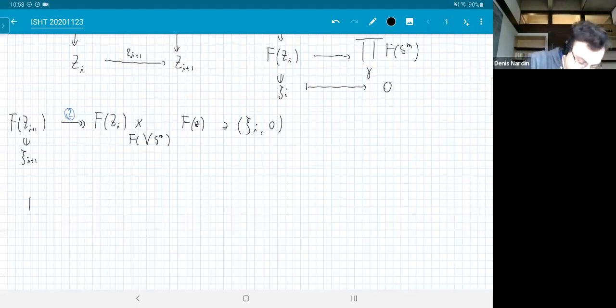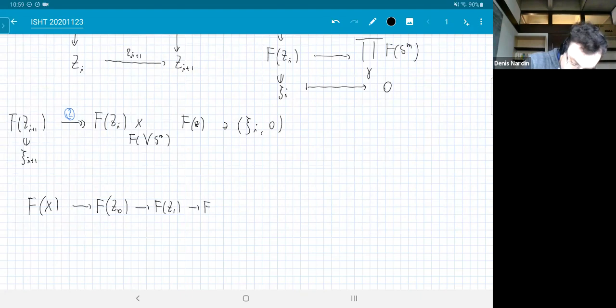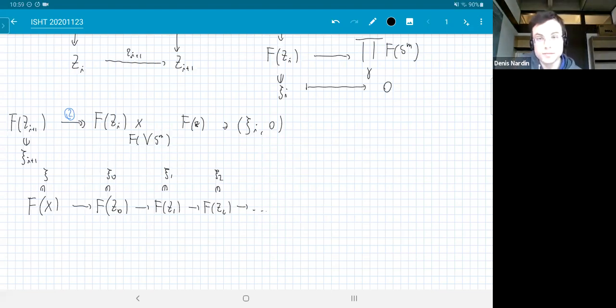So let me remind you, I have f of x going to f of z0, goes to f of z1, goes to f of z2, etc. And here I have psi, psi0, psi1, psi2, etc. Okay.